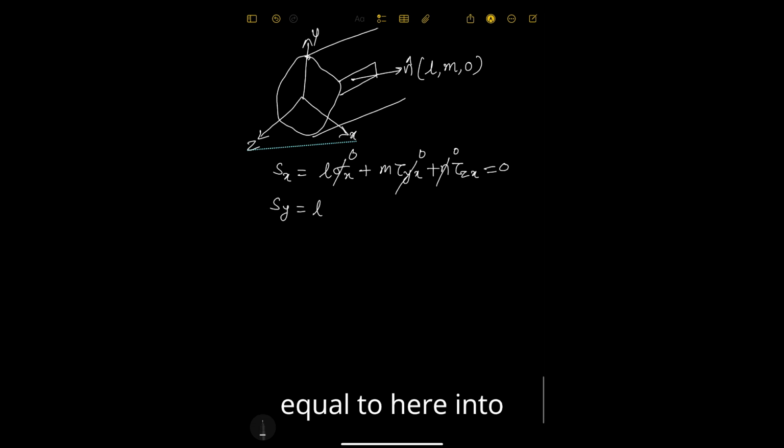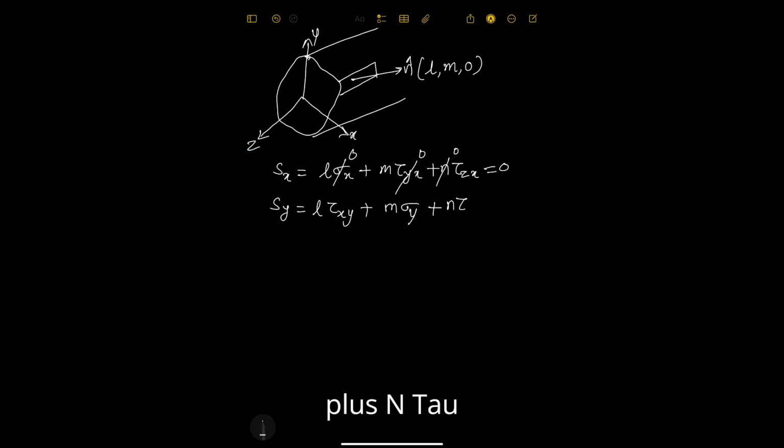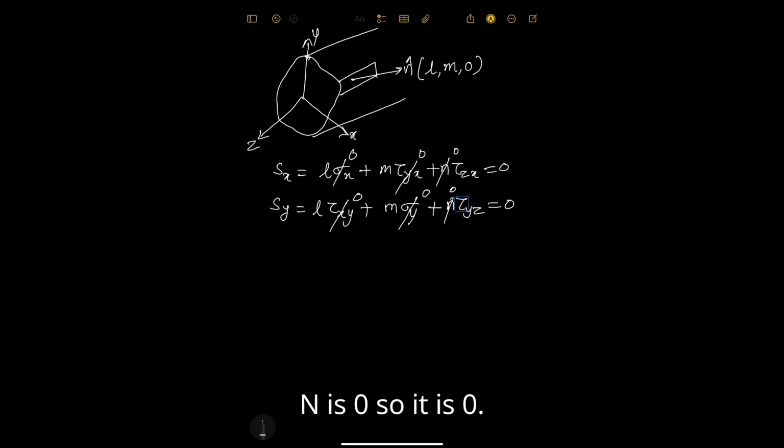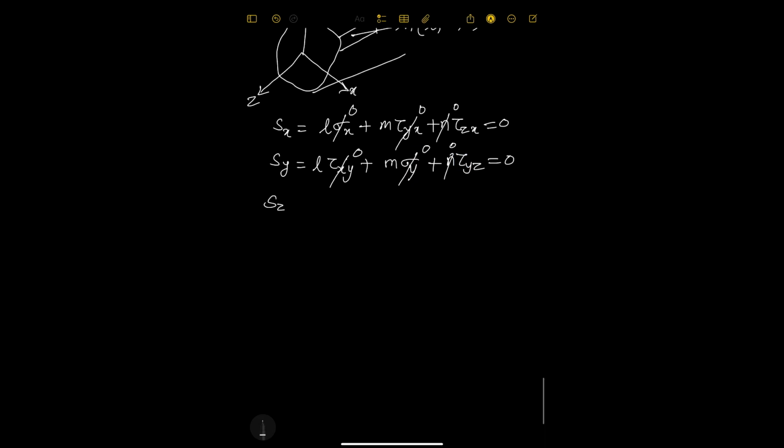Sy is equal to l into tau xy plus m sigma y plus n tau yz, which is again 0.